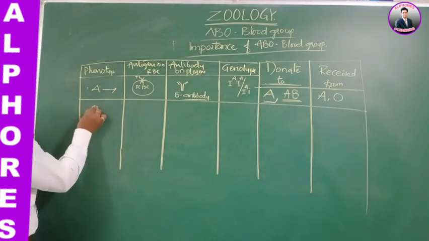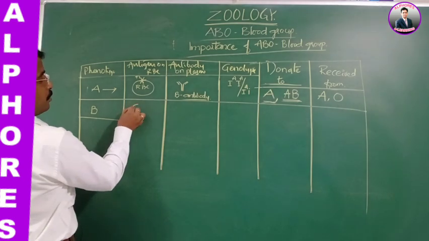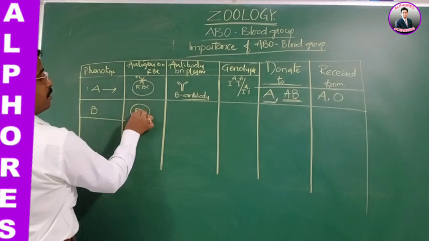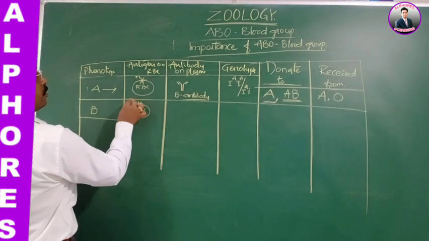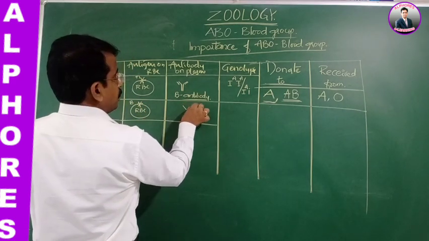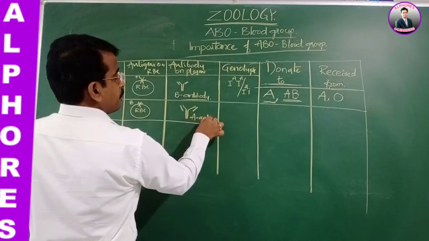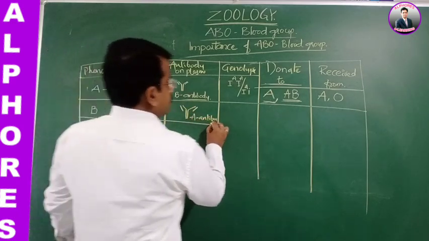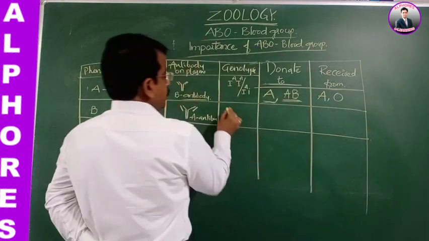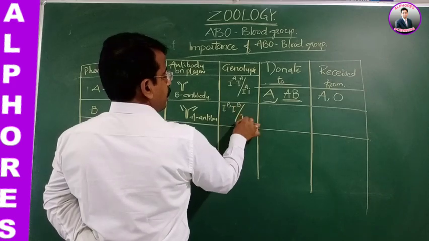Second one, B is the blood group. It is with the B antigen on its RBC, and it is with the A antibody, and it is with IB and IBI.